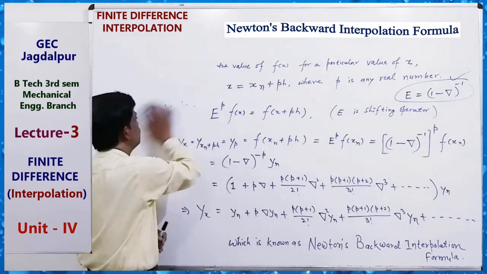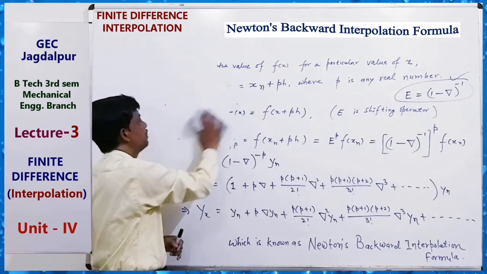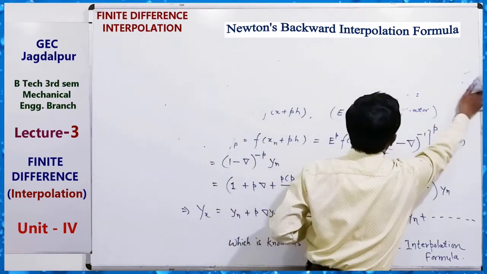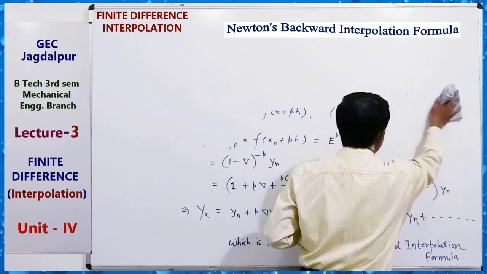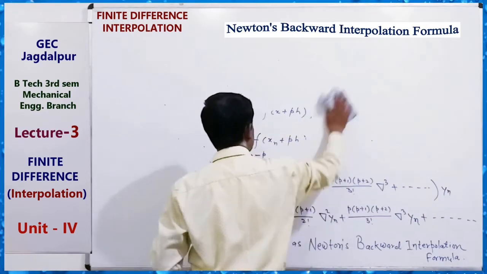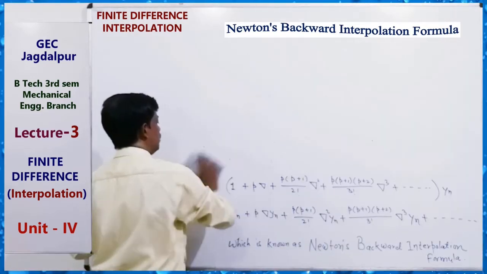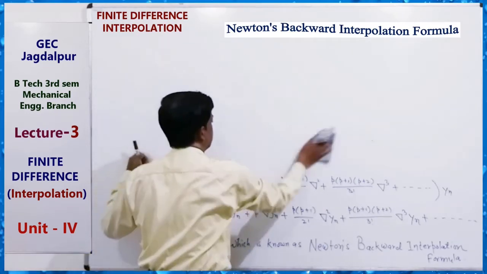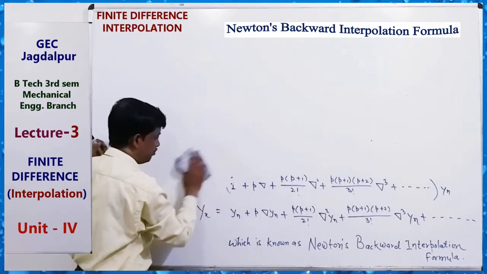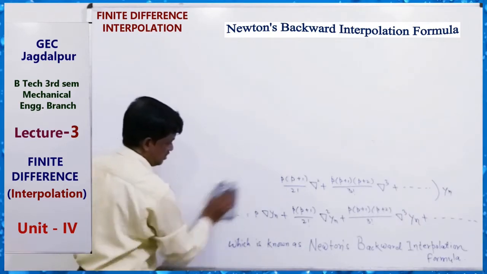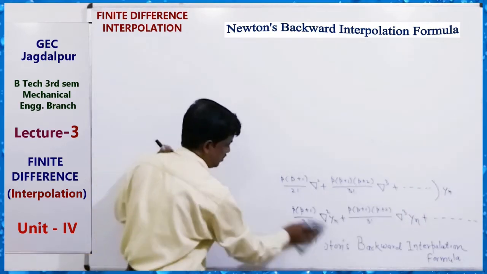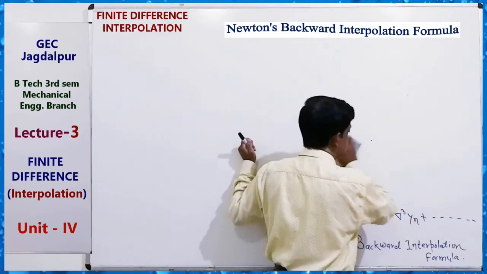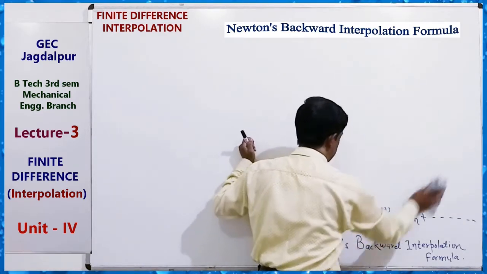Now let us take some questions for solving. Here we use this formula, and especially note down what the value of x0, the origin, will be. In the case of the backward differences table, what will be the origin value and the targeted value?